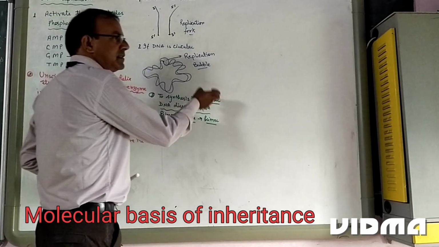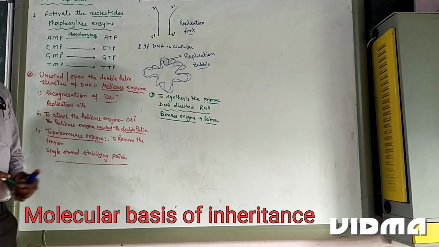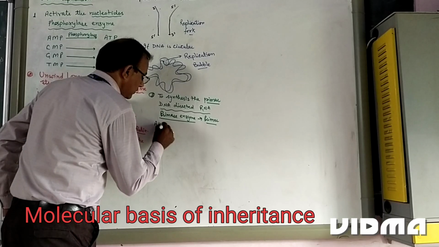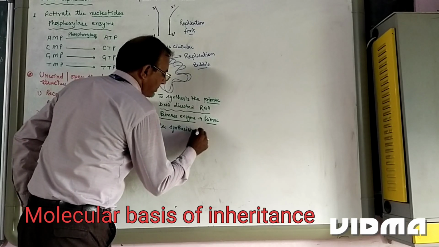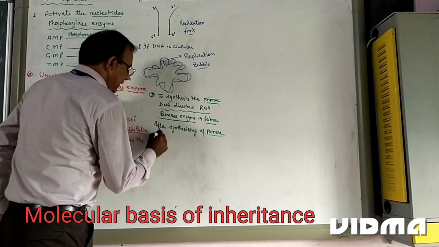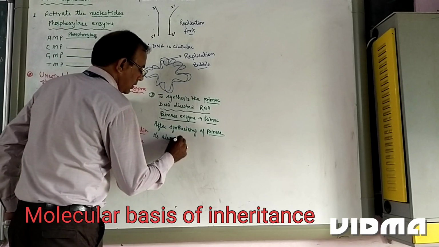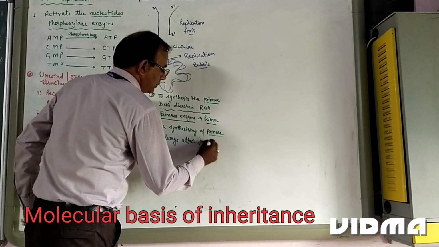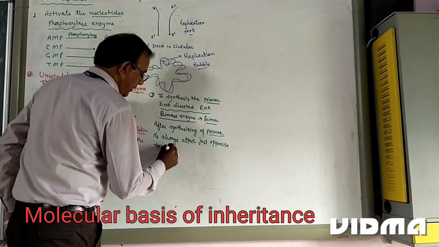As the primer is synthesized, we attach the primer just opposite to the 3' strand. After synthesis of primer, it is always attached just opposite to the 3 prime strand.